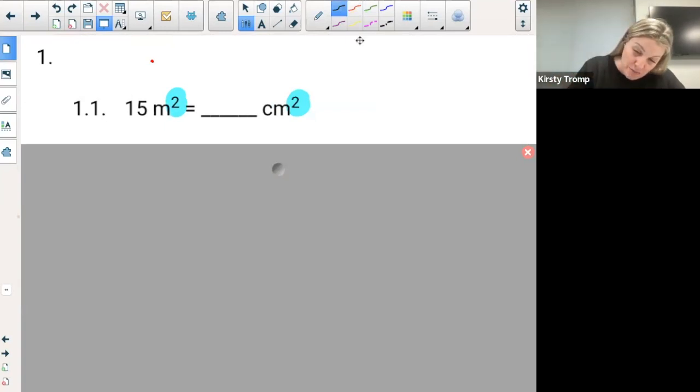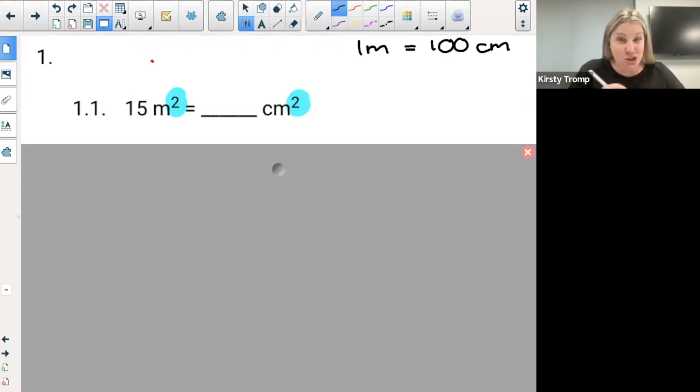So I know 1 meter equals 100 centimeters. That's just the meters and centimeters. What do I need to do to both sides? I need to square both sides, okay?